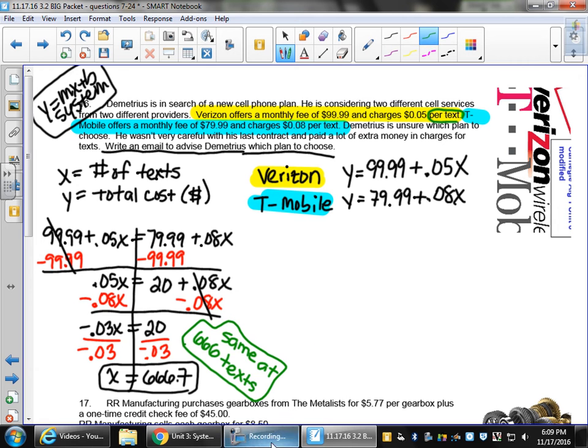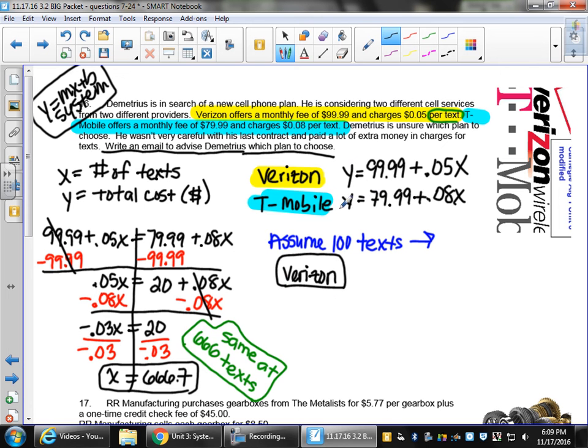Let's say Demetrius really isn't that much of a texter. He likes to call people instead. Let's say he only sends 100. Assume 100 texts. Let's compare. For Verizon, that would mean y equals $99.99 plus 0.05x, but instead of x, let's substitute in our 100.